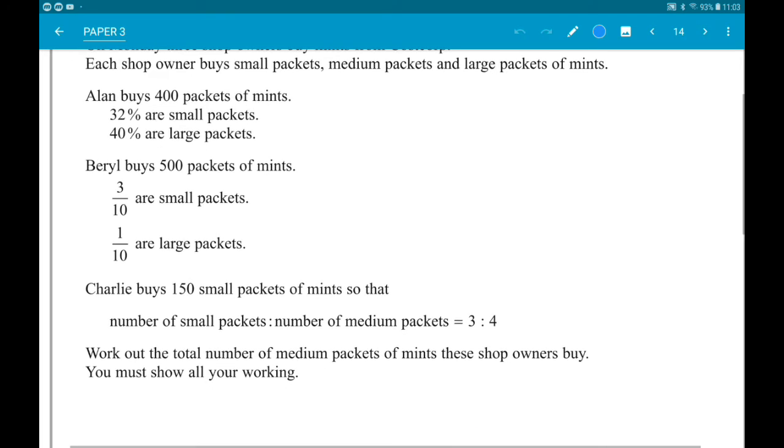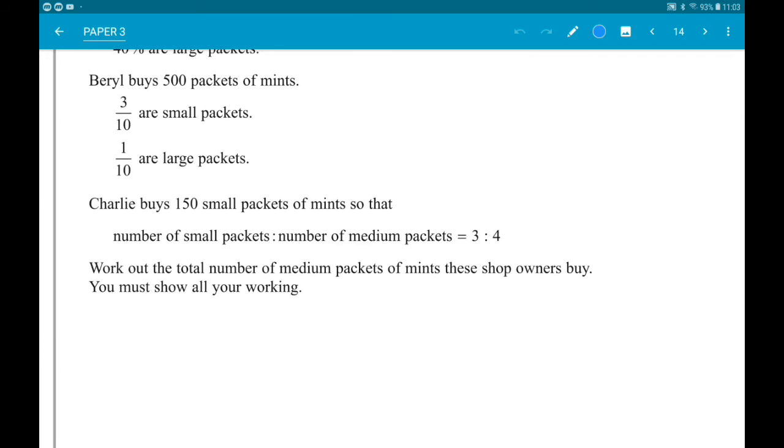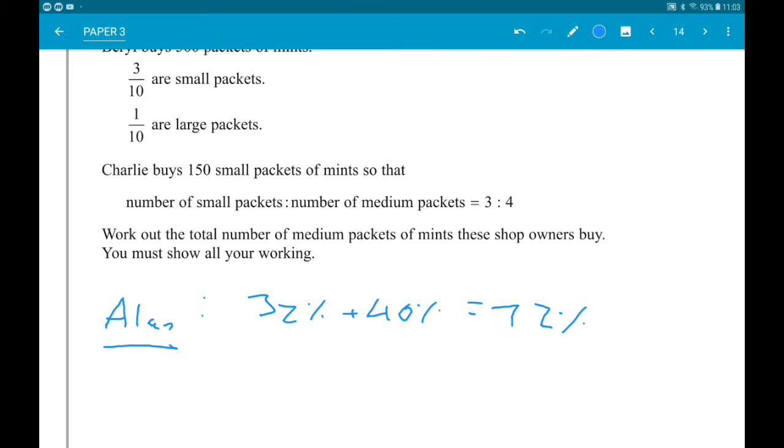So, let's deal with Alan first. So, 32% add 40% is 72%. Now, 100% minus 72% is 28%. So 28% of the packets Alan buys are medium.